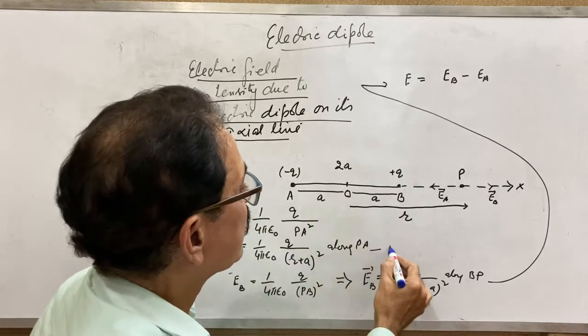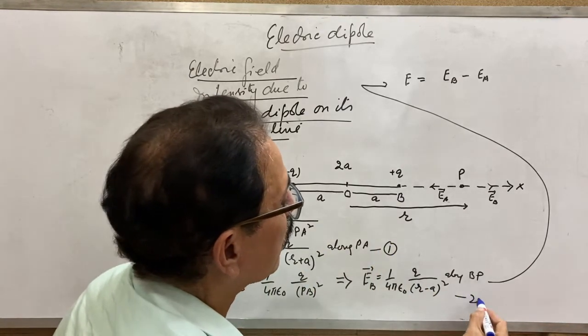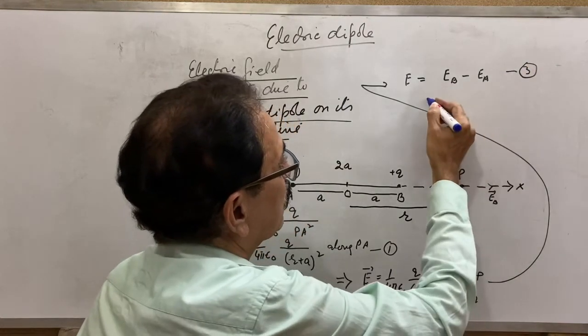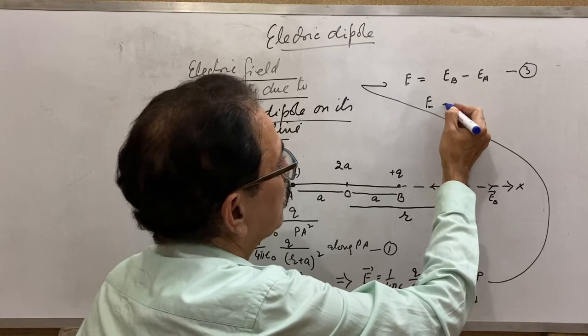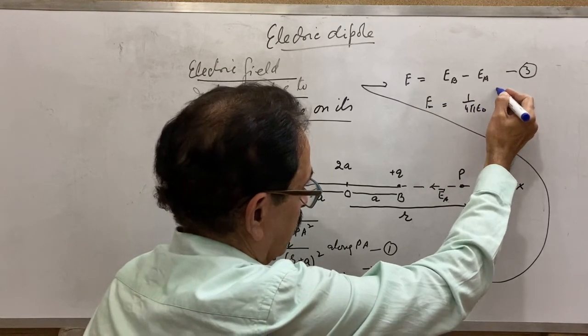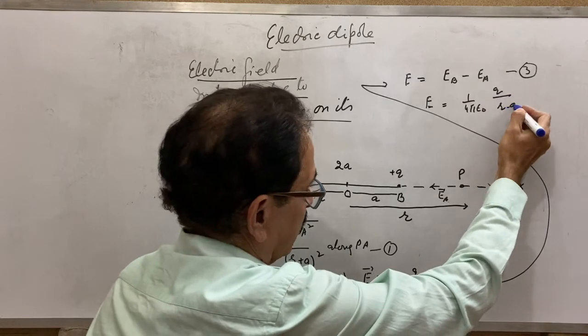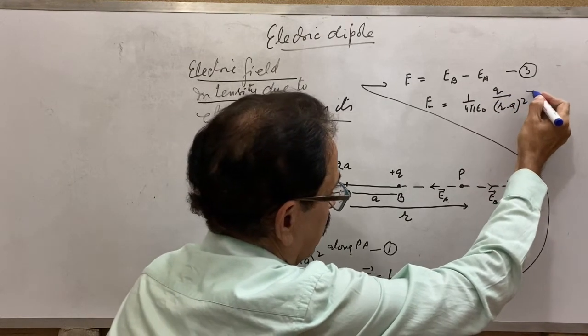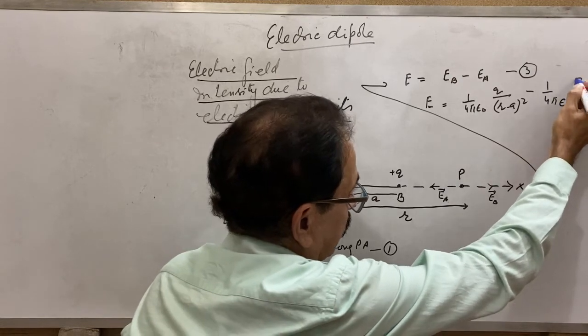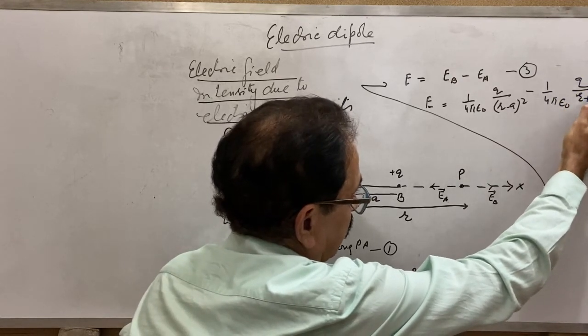This was your first, this is your second. You can use first and second in this third. So we can write E is equal to 1/4 pi epsilon naught Q upon R minus A whole square minus 1/4 pi epsilon naught Q upon R plus A whole square.